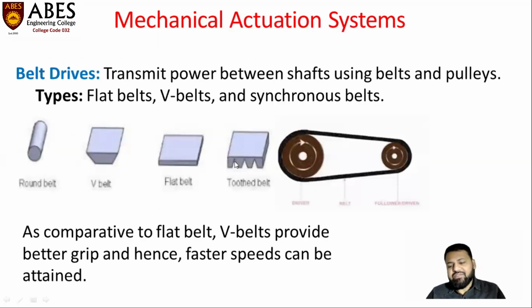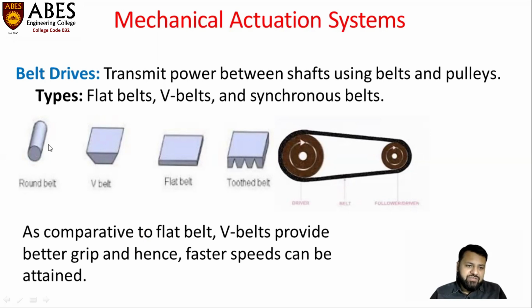Then the belt drives are there. These are all actuation systems, basically. We are transferring the motion, or enhancing or decreasing the motion. Belt drives are used to transmit power between shafts using belts and pulleys. Different kinds of belts can be used, like flat belts, V belts, and synchronous belts.